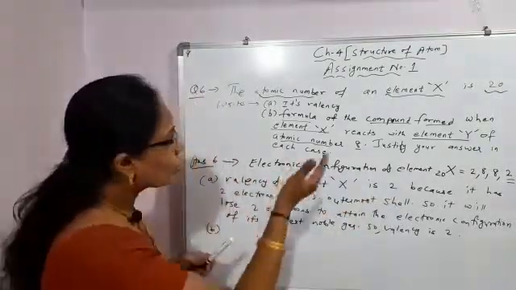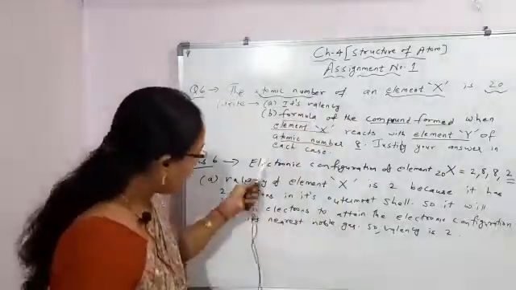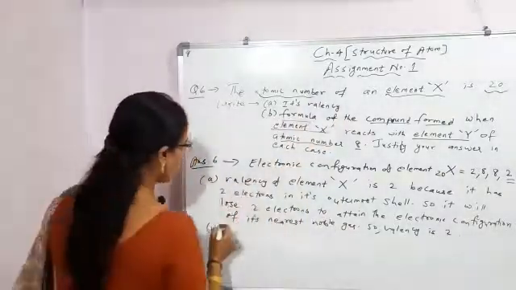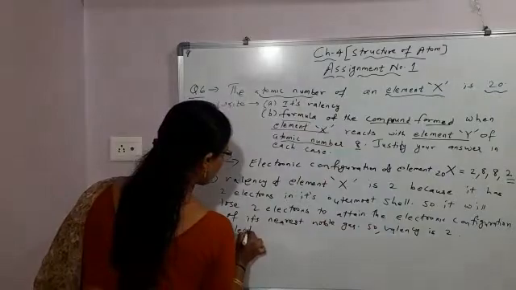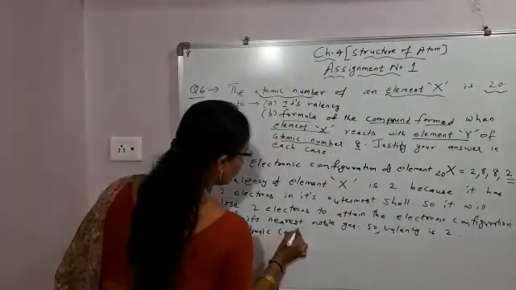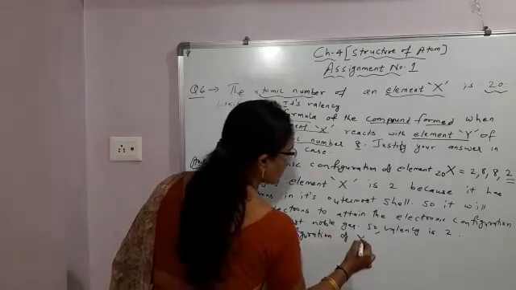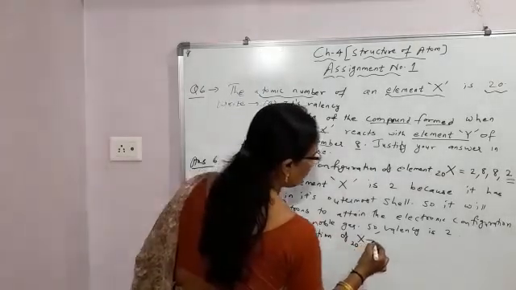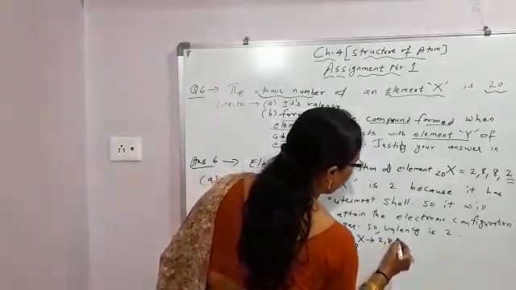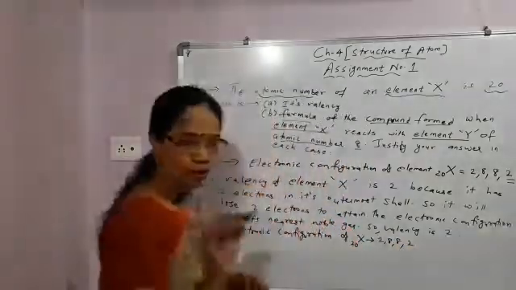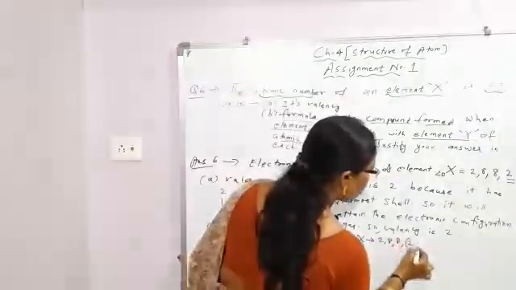Clear? So what are the two elements X and Y? X already we have written. What is electronic configuration? Electronic configuration of X. What is atomic number? 20. So 2, 8, 8, 2. Outermost how many electrons? 2.